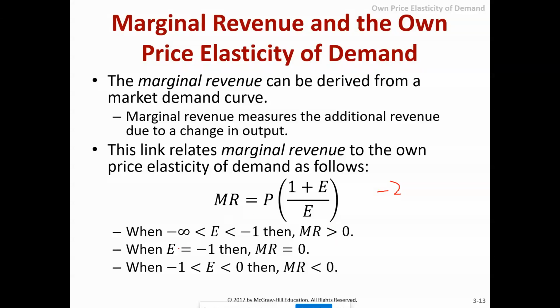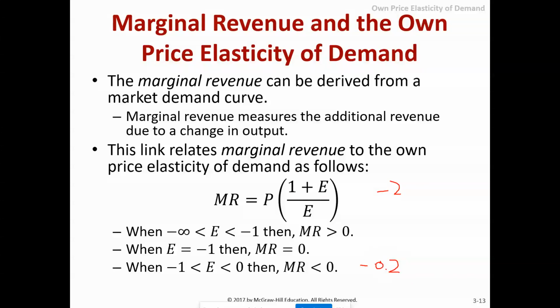Whenever the own price elasticity of demand is -1, then 1 minus 1, the numerator, is 0. So marginal revenue is 0. And whenever the elasticity of demand is smaller than 0 but larger than -1, let's say -0.2, then 1 minus a value smaller than 1 is positive.